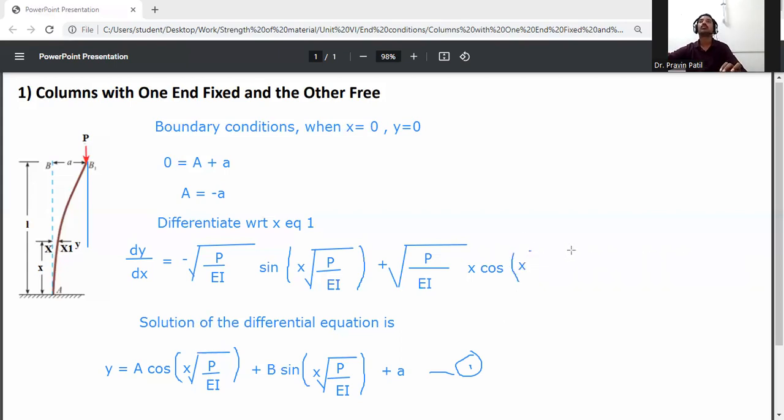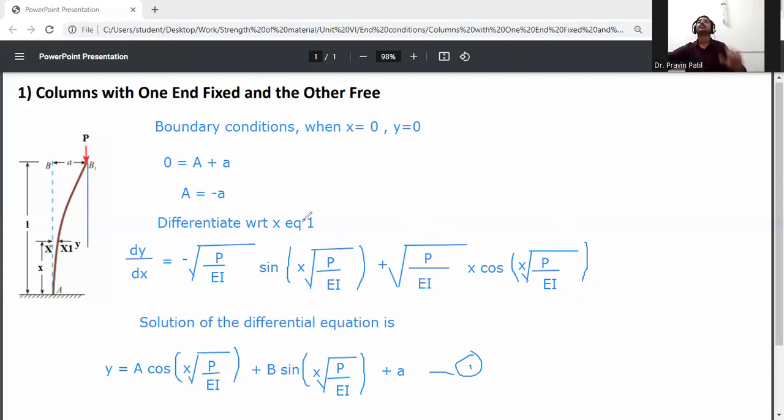So the derivative of x root p by a will be root p by a.